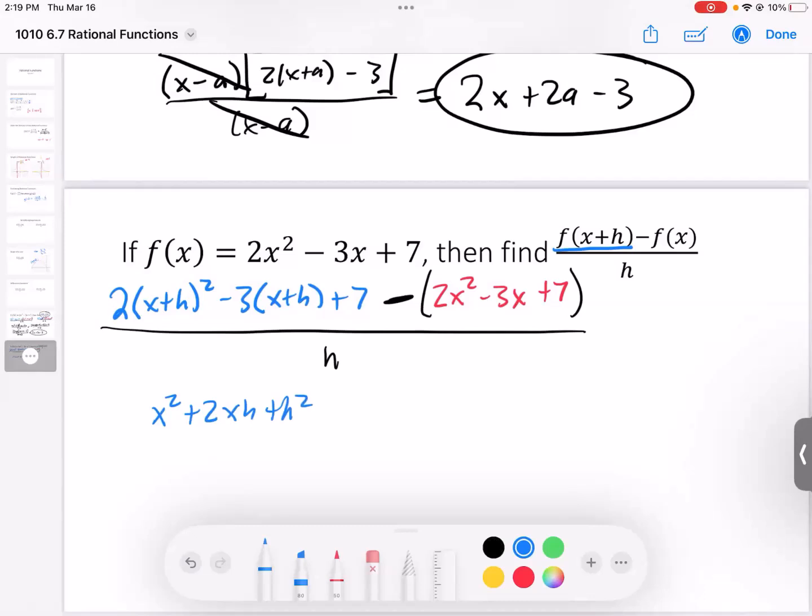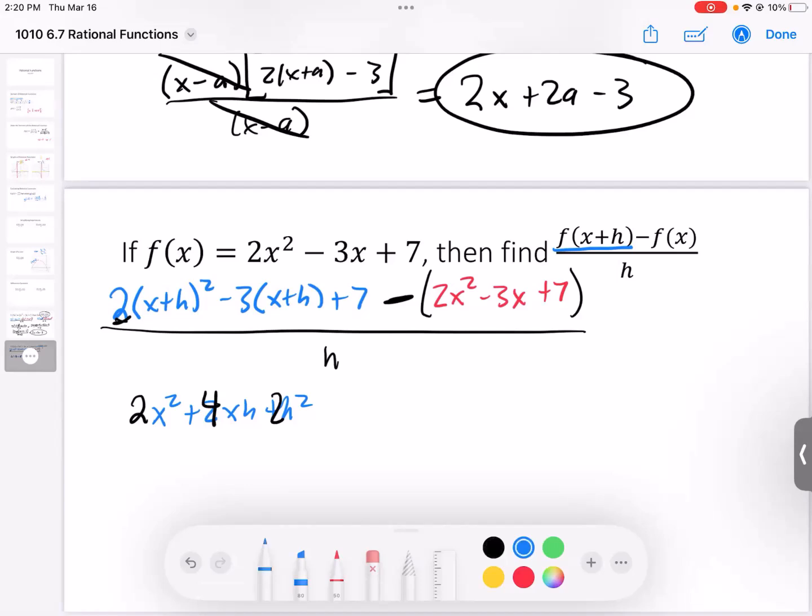If you want to, you can write out that FOILing if you don't know how to do that in your head, but I FOILed a lot, so I know that this FOILs out to this. And then I also have to multiply that by 2. So when I multiply that by 2, that's going to give me 2x squared plus 4xh plus 2h squared. So I kind of did 2 steps in one. I FOILed that out, and then I distributed the 2 to all of those parts.